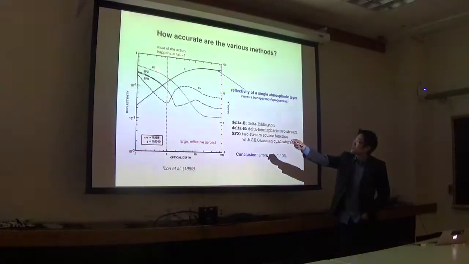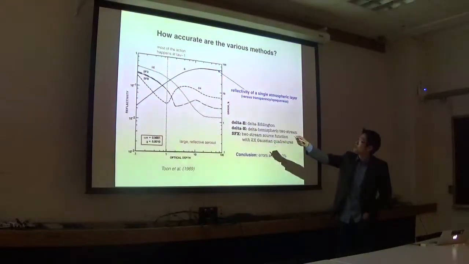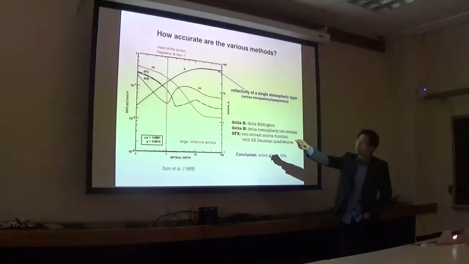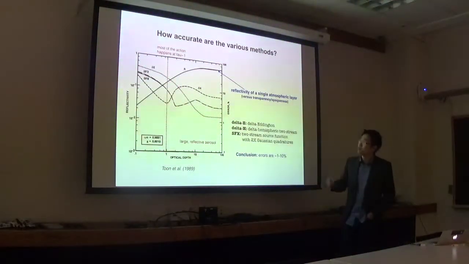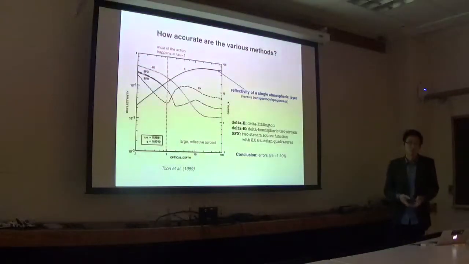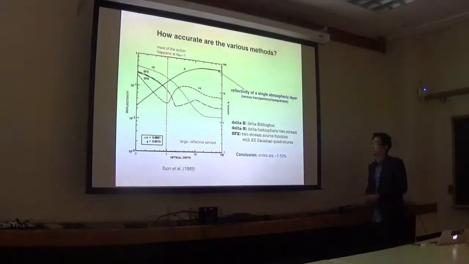The delta Eddington starts out with an error of around 30% in the optically thin limit and goes down to just over 1% in the optically thick limit. But what is important is the error at roughly optical depth 1, because if you go back to the basics of radiative transfer, most of the action happens at optical depth roughly 1.